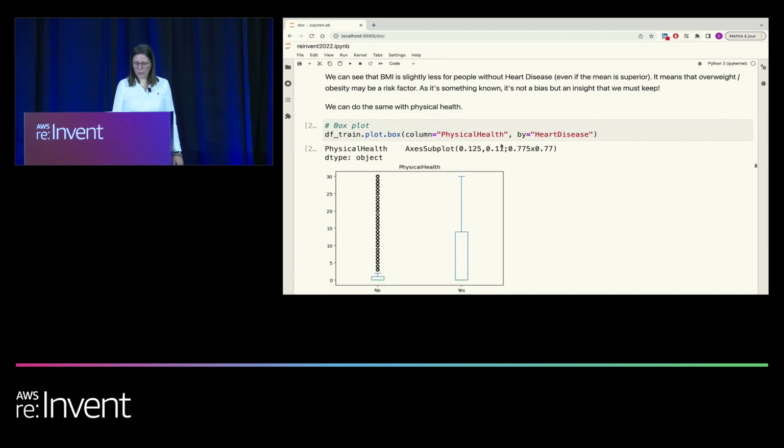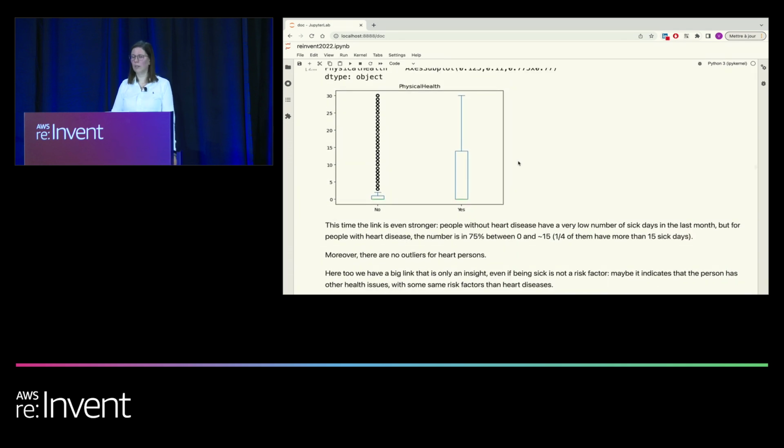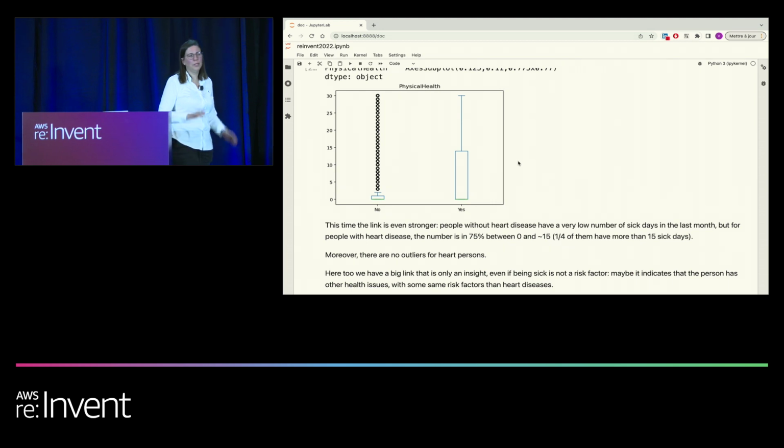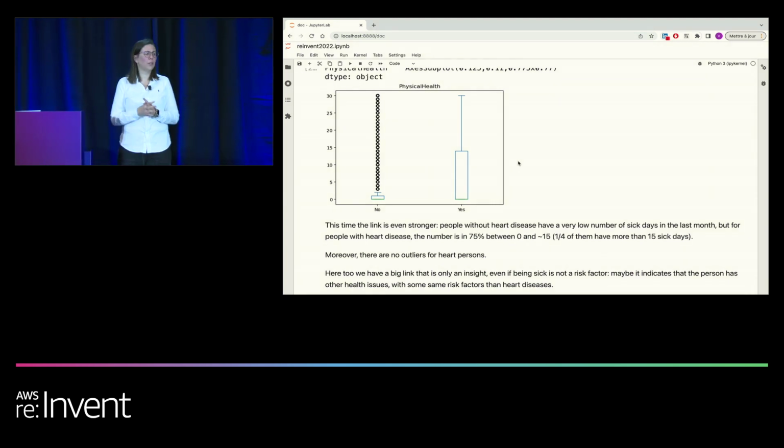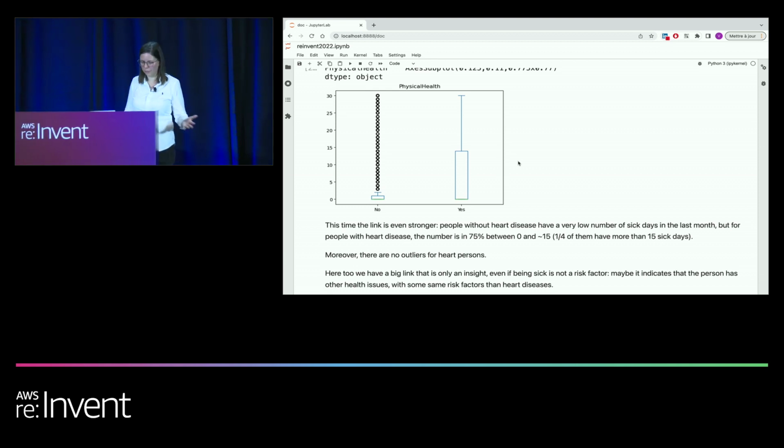If we look at the physical health, here we can see a correlation because the two distributions are not the same. For people with no heart disease, most of the time they are not physically ill. But for people with heart disease, they are more ill during the last month.